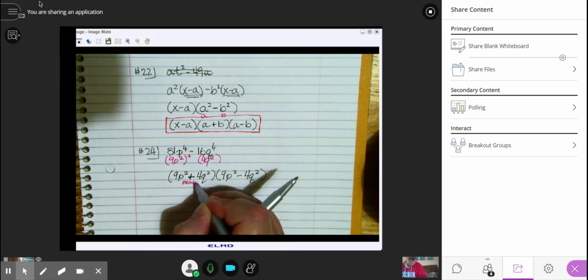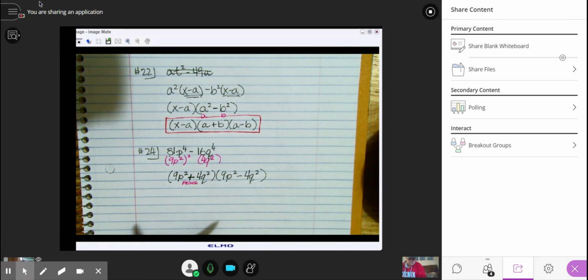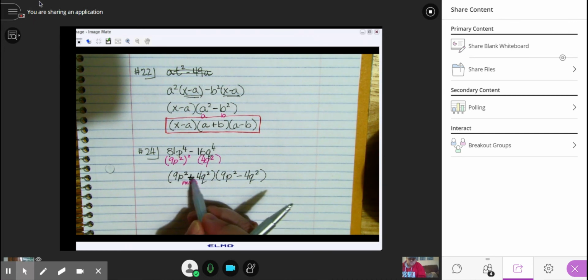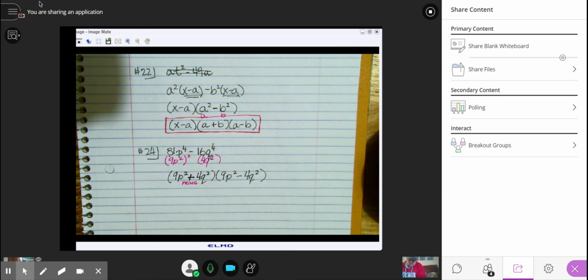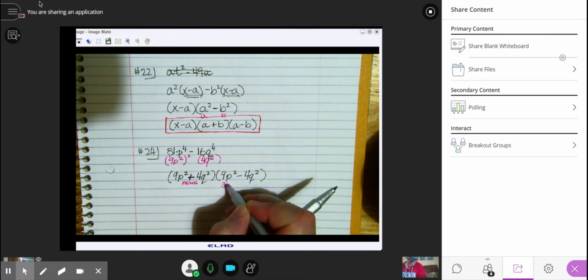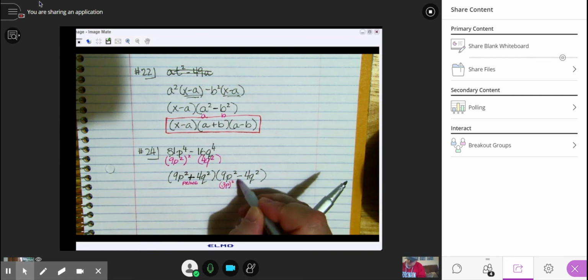It cannot be factored any further. I've got perfect squares here, but the plus tells me it's prime. However, 9 is a perfect square. P squared is also a perfect square. Then I have the difference.